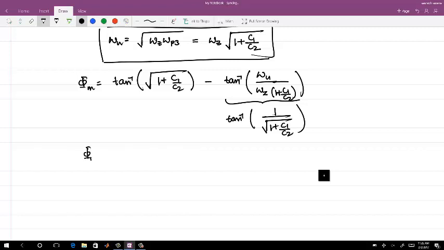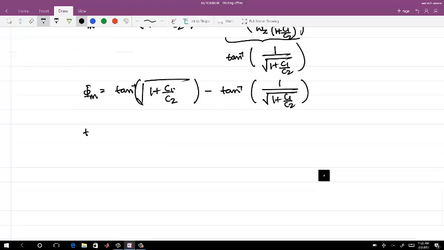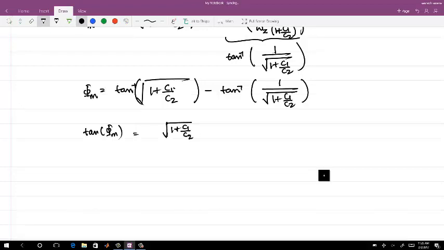So now phase margin itself is equal to tan inverse of under root of 1 plus c1 by c2 minus tan inverse of 1 by under root of 1 plus c1 by c2.